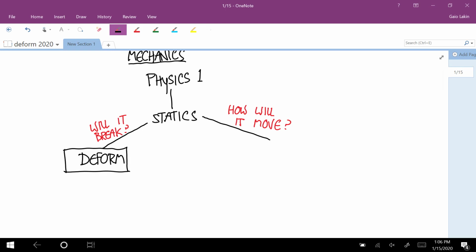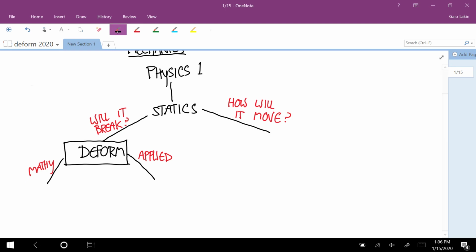And then from there, after deform, if you continue on this path, you can go in the direction of people who really like math, like doing proofs and that kind of stuff, or you can go in the direction of a very applied, very practical approach.